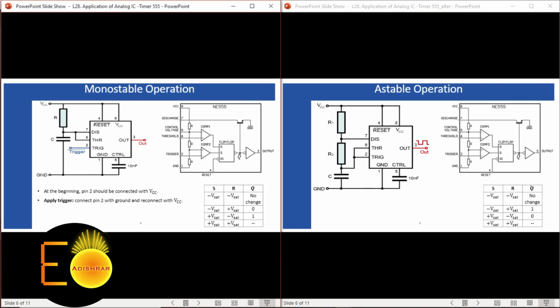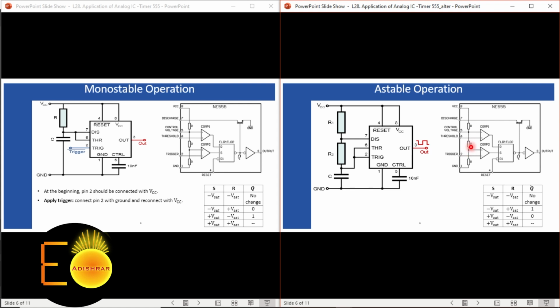So basically, in the case of monostable operation, you need to apply a trigger from an external sensor or source. Here you do not need that. When the capacitor voltage rises, the trigger will automatically be applied. Initially the operation is almost equal to the monostable operation. That means at the beginning, when you have applied this VCC, that VCC gets divided as 2/3 of the VCC at this node and 1/3 of the VCC at this particular node.